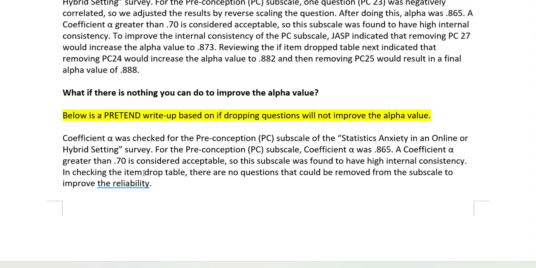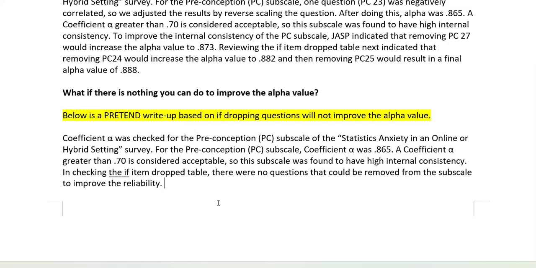In checking the if item dropped table, there were no questions that could be removed from the subscale to improve the reliability. So yeah, that one is short and sweet.